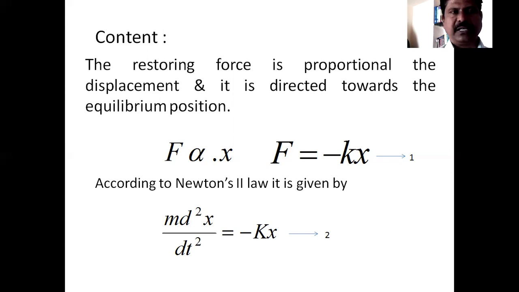That's simple harmonic motion. Therefore, the restoring force produced inside the object is proportional to the displacement. So we write F proportional to x, and when removing the proportionality sign, we introduce a constant, which I am calling k, so F = -kx.